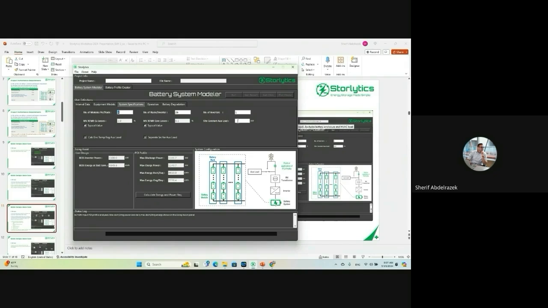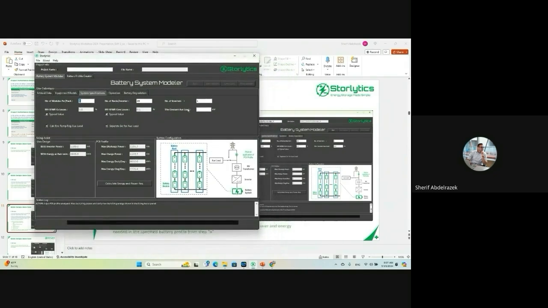Yep. So the site constant aux load is called constant to emphasize that it's a value the user puts in to get added as a constant for the simulation. You can use that to account for SCADA load, control room load if you wanted to, but the cooling and temperature regulation is calculated through this calc enclosure temp regulation aux load, because that's not constant.